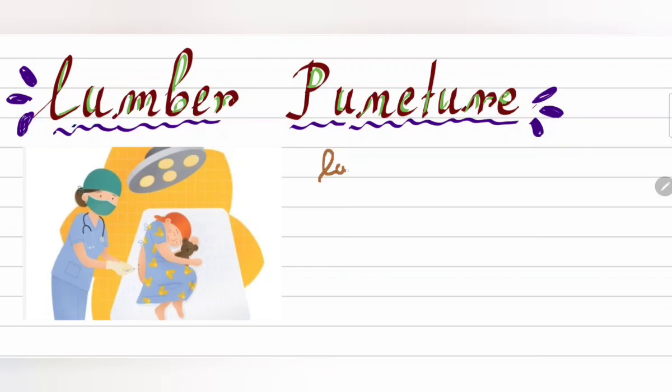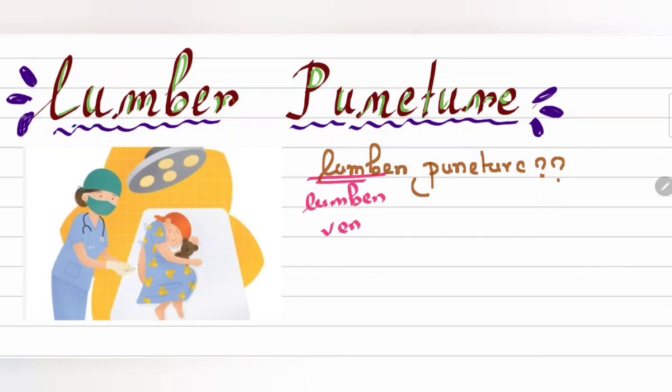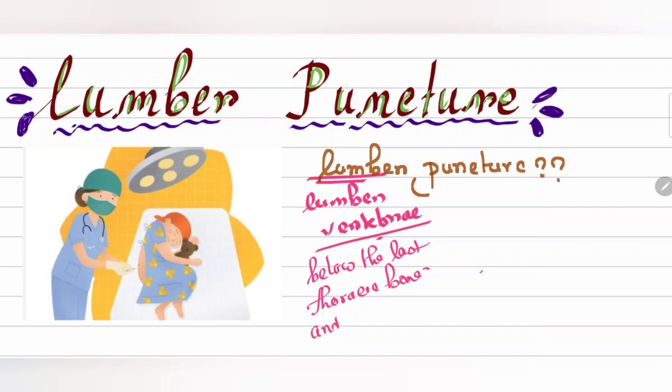First, I describe what is lumbar puncture. By the name, lumbar means lumbar vertebra. And the lumbar vertebra is located below the last thoracic bone and top of the sacrum.